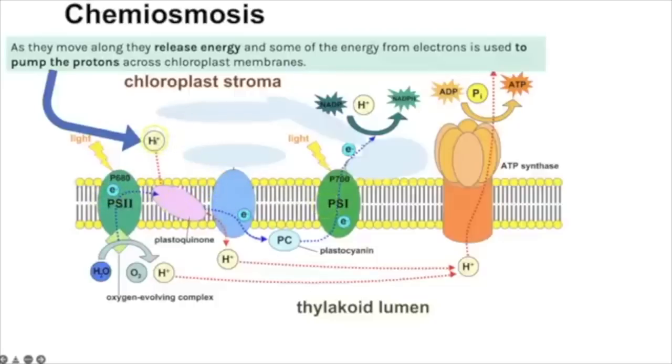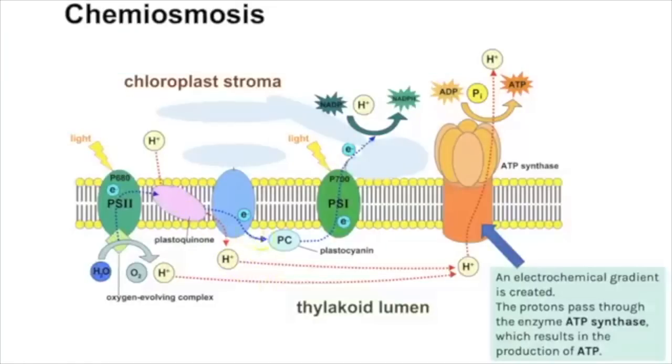And some of that energy is used to transport or pump those protons from the stroma across a protein and into the thylakoid lumen. This then results in a concentration gradient being built up, but we actually call it an electrochemical gradient because we have a charged molecule, so we have ions there.